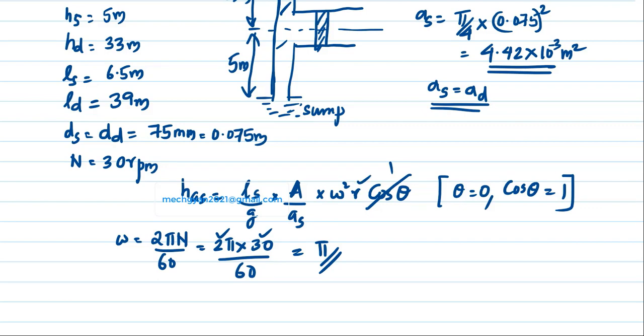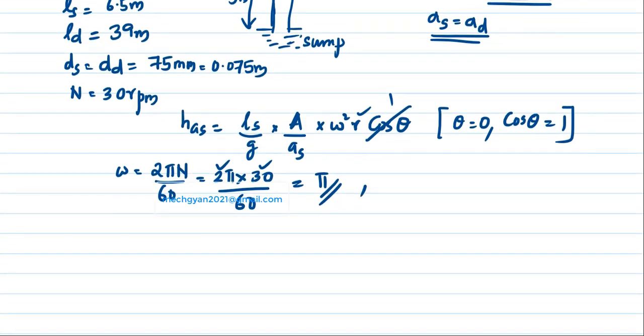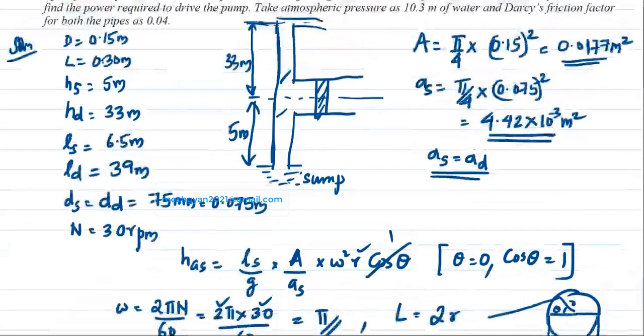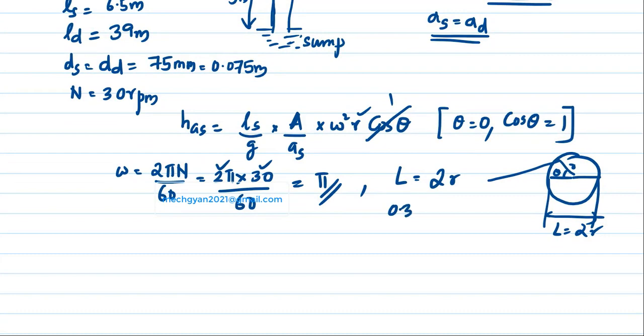We know that length L is equal to 2 times r. Length is given as 0.30 meter, so 0.30 equal to 2 times r, therefore r equals 0.30 by 2.